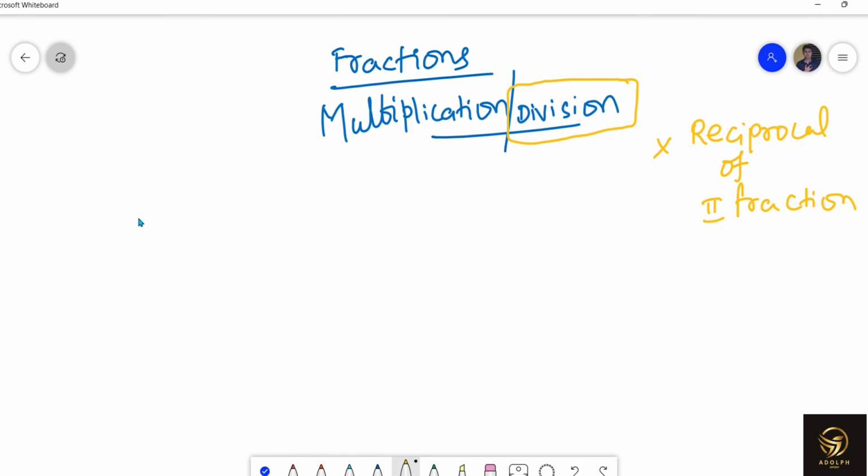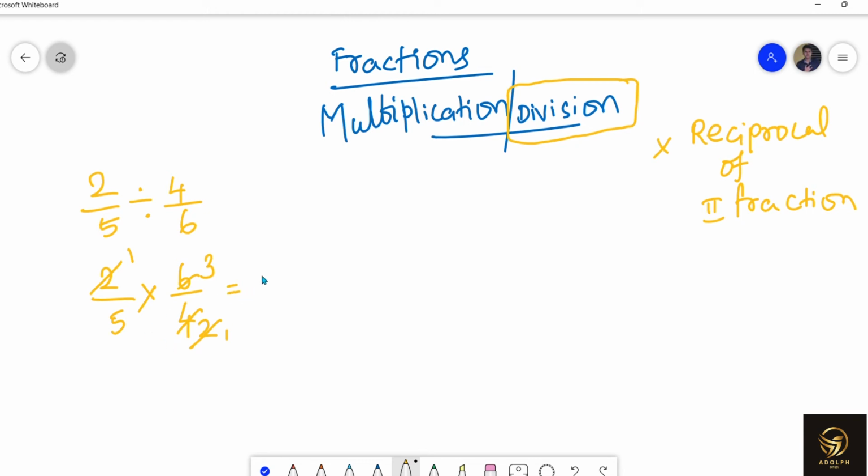For example, if you have the fraction 2 by 5 to be divided by 4 by 6, then what you have to do is multiply 2 by 5 by 6 by 4. Instead of 4 by 6, we will be multiplying by its reciprocal, which is 6 by 4. And if possible, we can simplify it: 1 2 is 2, 2 2s are 4, 1 2 is 2, then 3 2s are 6.